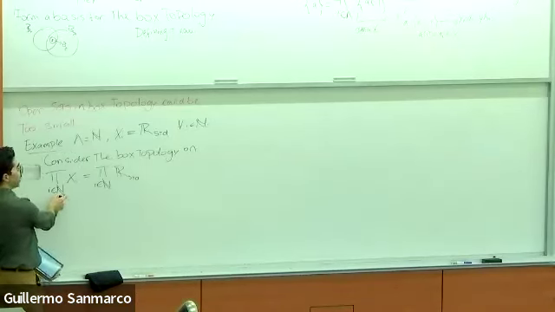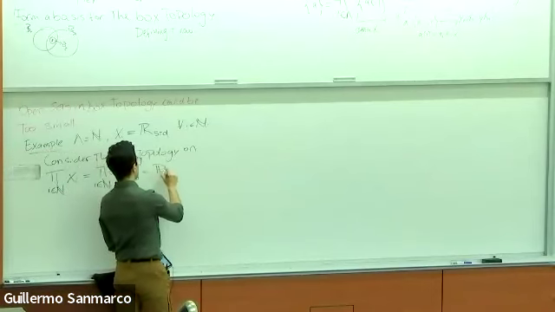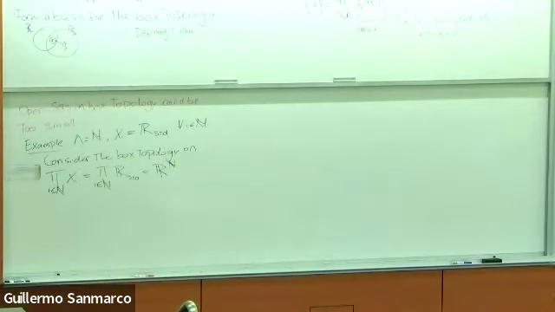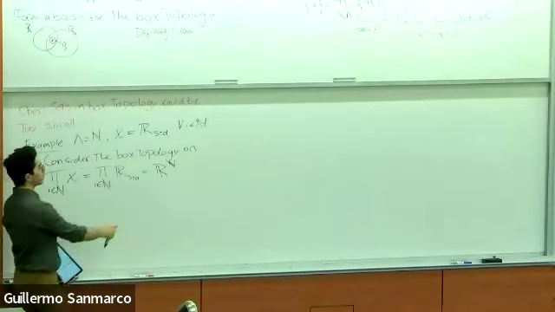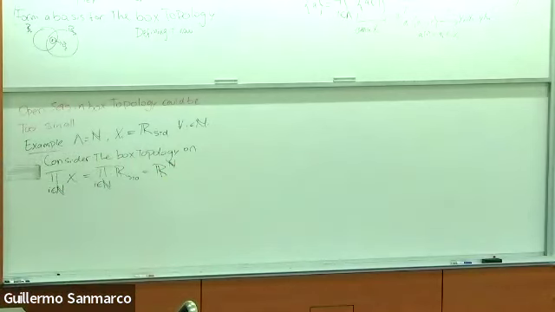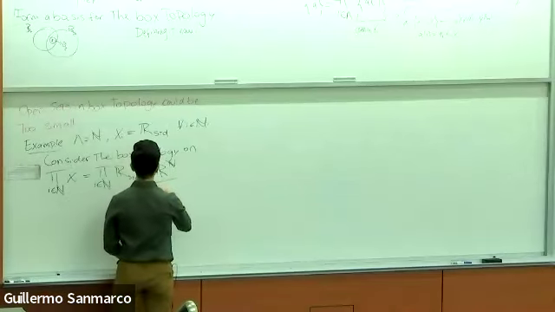If your index set is a finite set, you denote this by R^n, where n is the number of elements. But now this should be called reals to the naturals. It's the only thing it could be. How many copies of the reals do we have? One for each positive integer. So this is just notation.